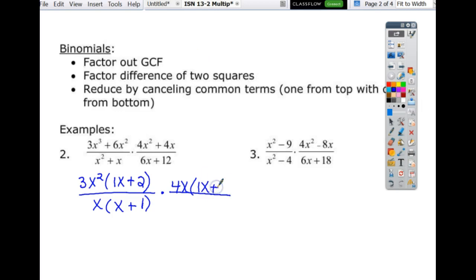And then plus 4 times what makes 4? 1. I have one x, and I need one, so do I need another? No. So I'm going to have that 1 there, and I'll close the parenthesis. So I'm going to have 6 this time. I'm going to get x. 6 times what gives me 12? 2.